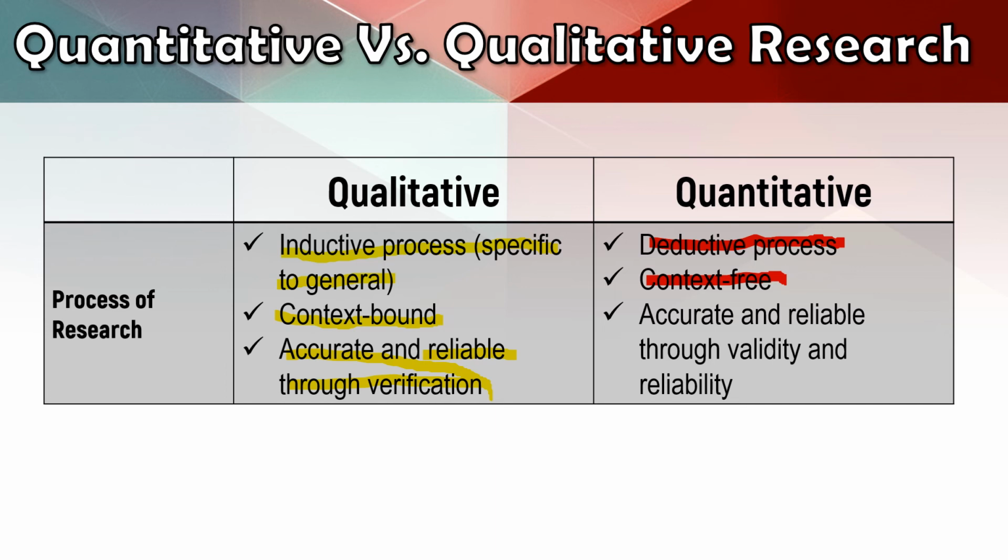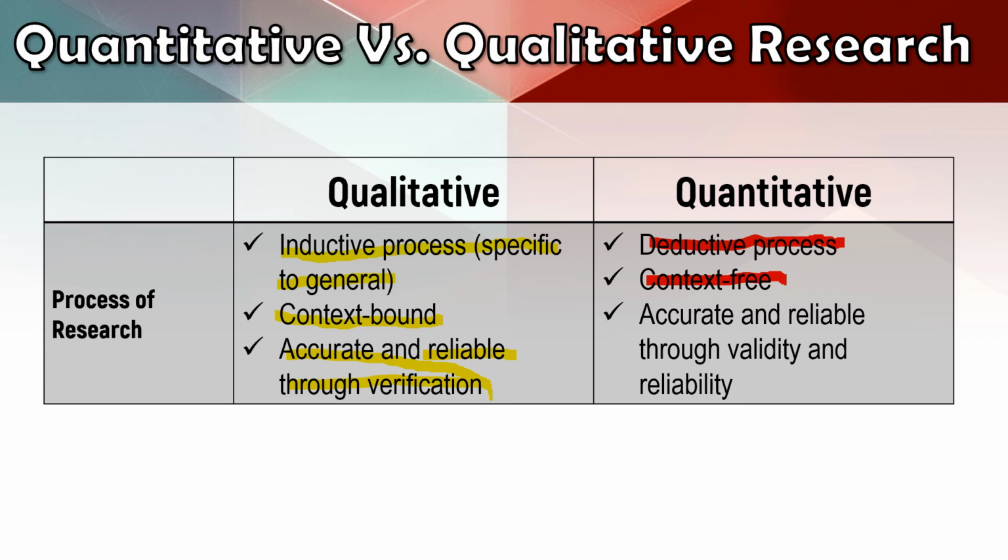For example, if I want to verify the results of my research, I will just go back to the opinions of my respondents because that's where my results come from, the opinions of my respondents. So if I want to verify my results, I will just compare the opinions of the respondents to my results, and that's it. It's already accurate and reliable.